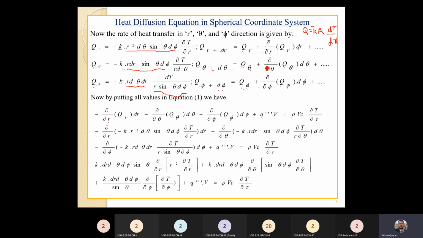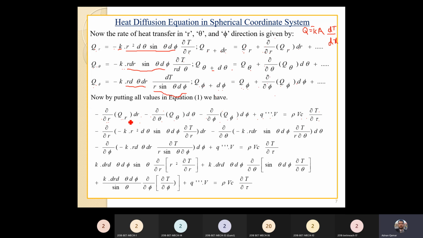You will get these terms with the negative sign: minus partial over partial r qr dr, minus partial over partial theta q theta d theta, minus partial over partial phi q phi d phi, plus q triple dash into v, that is the internal heat generation, is equal to rho v c partial t over partial tau.